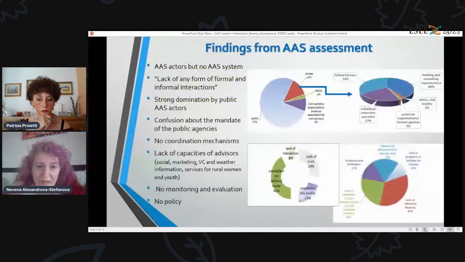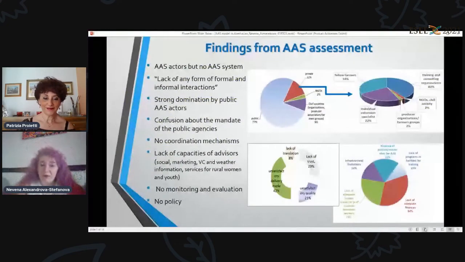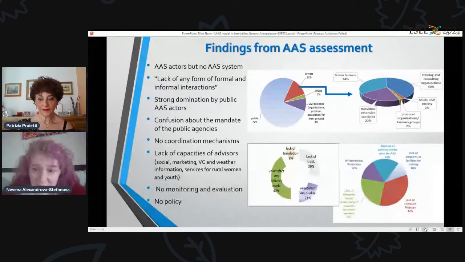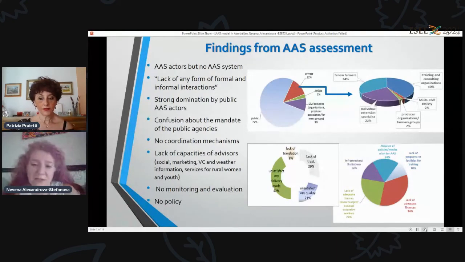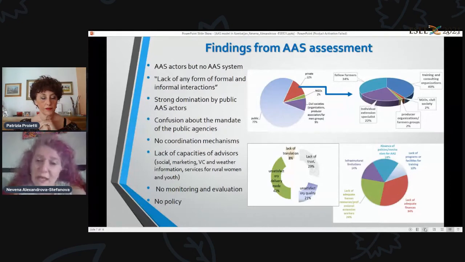Here you can see some of the findings of the assessment that we did, and it does say that there are actors, but there is no system of agriculture advisory services. Lack of interactions and strong domination by public agriculture advisors, who make up 77% of all service providers for advisory services.